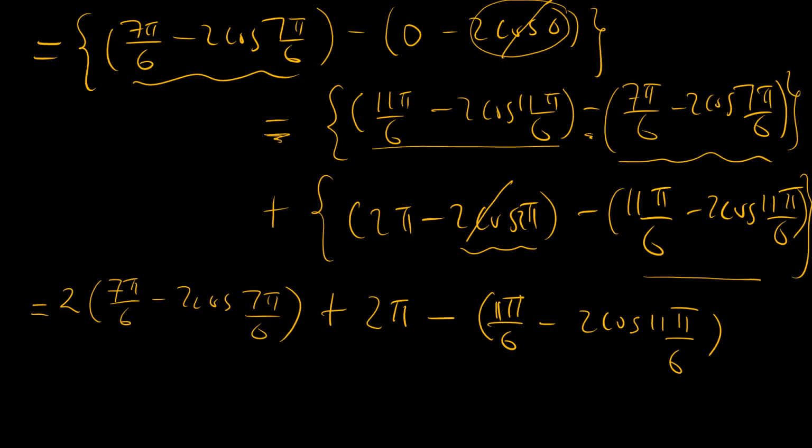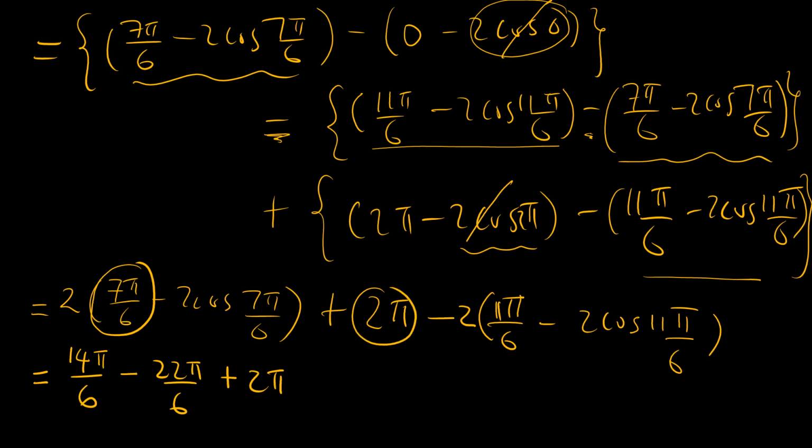So what we have here is 14 pi over 6 minus, there was 2 here, minus 22 pi over 6 plus 2 pi. So we have taken that, we've taken that, and we've taken that.